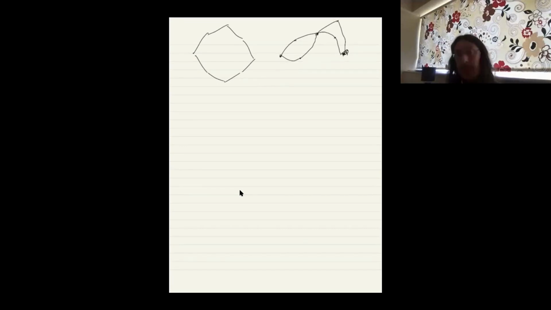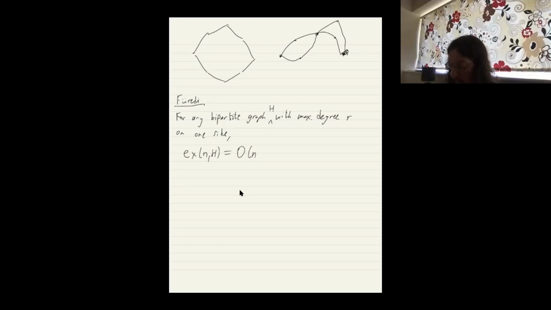So there aren't that many general results in extremal graph theory. One is a nice result of Füredi, and it says that for any bipartite graph H with max degree r on one side, the extremal number of n, H is big O of n to the 2 minus 1 over r.